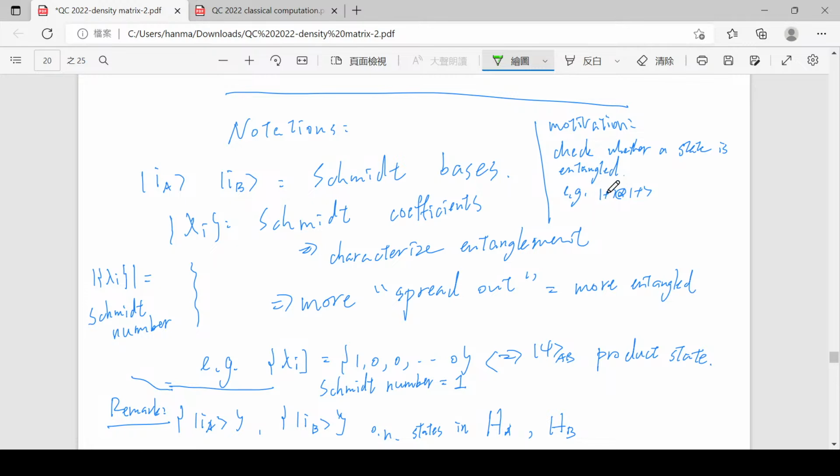Say this plus state tensor plus state. If you write this in the computational basis, it's going to be 1 over 2 times the sum over computational basis: 0, 0 plus 0, 1 plus 1, 0 plus 1, 1. And it has every coefficient, and it's not easy to see it is something tensor something.